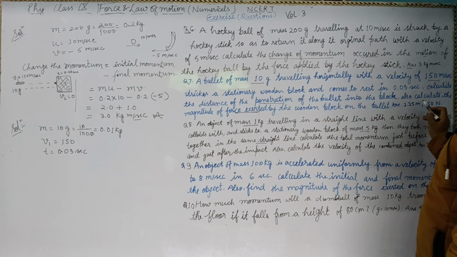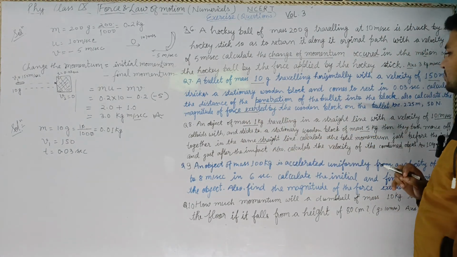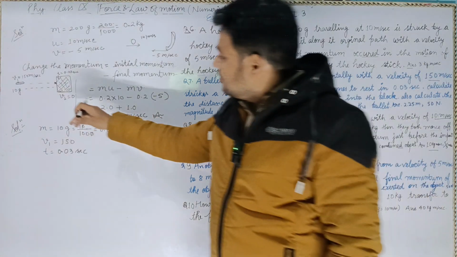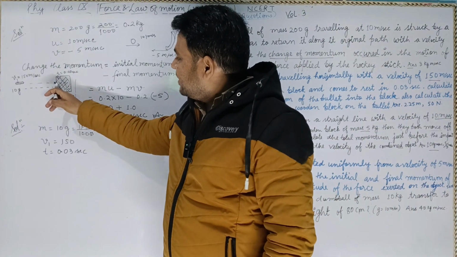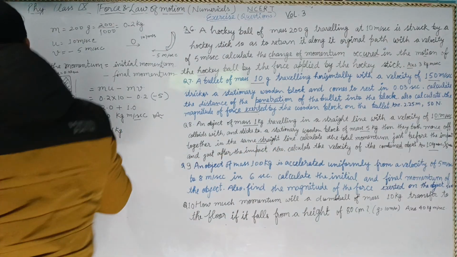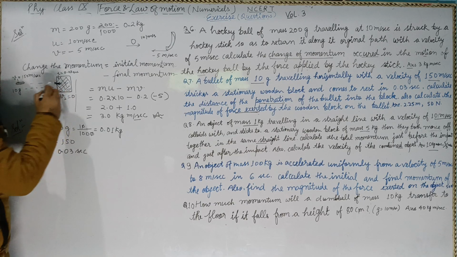Also calculate the distance of the penetration of the bullet into the block. We have to find the distance which the bullet travels in this block. What is the distance which the bullet travels after striking this block?